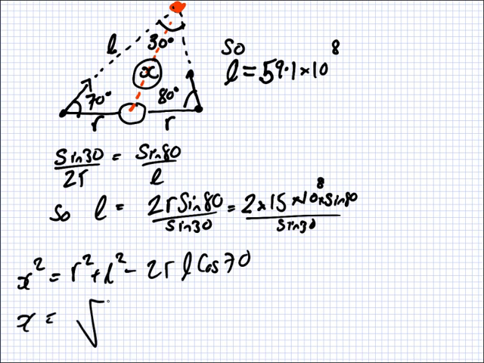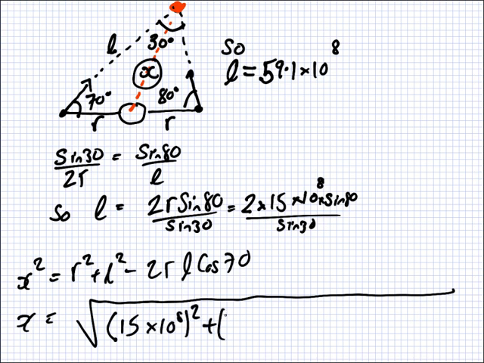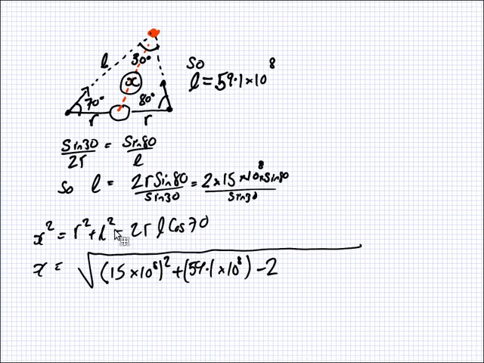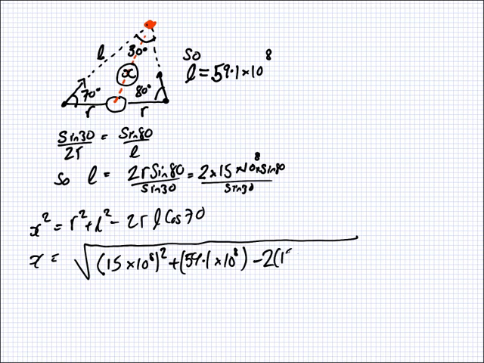So x would equal root r squared, which is 15 times 10 to the 8 squared, plus L squared, which is 59.1 times 10 to the 8 squared, minus twice 15 times 10 to the 8 times 59.1 times 10 to the 8 times cos 70.